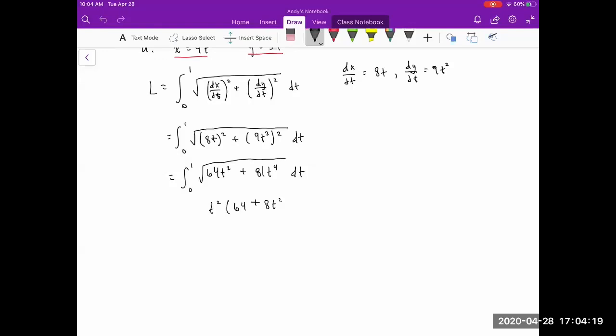It's 64 plus 81t squared. I was getting scared for a moment that we may need to do trig substitution, but it doesn't seem like that. Now the square root of t squared is just t, so we can pull a t out.